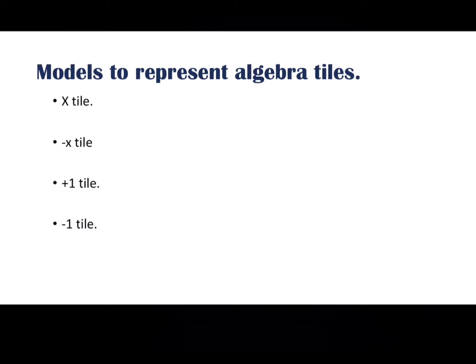Let's begin with models to represent algebra tiles. In the expression, to represent the positive x term, we use the positive tile, that is plain tile or plain rectangle, white one. And for the negative x tile, we use darker rectangle.